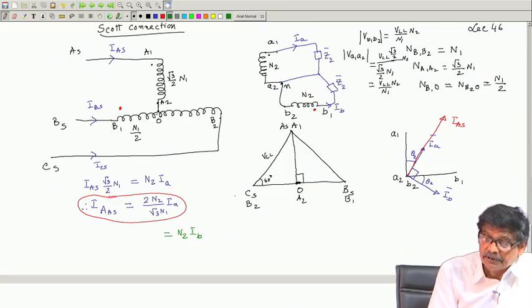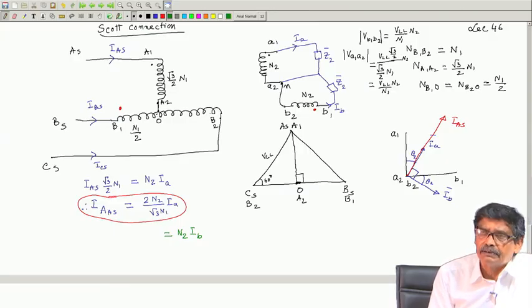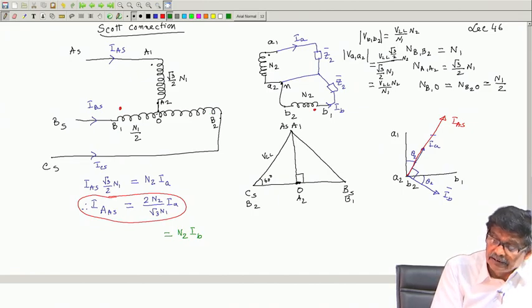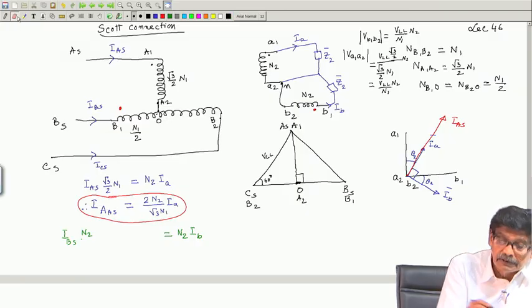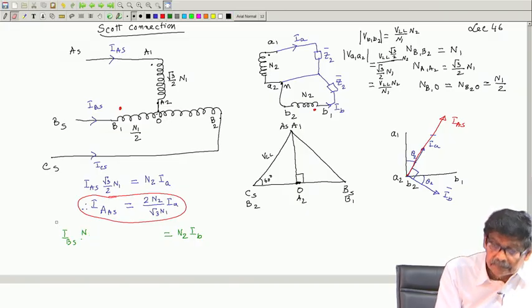But here the problem is that the current in this portion has 50% of the turns, and in these portions they are different, but no problem. So, for this n 1 by 2 turns, that is the B 1 O turns, it should be I B S into n 1 by 2.